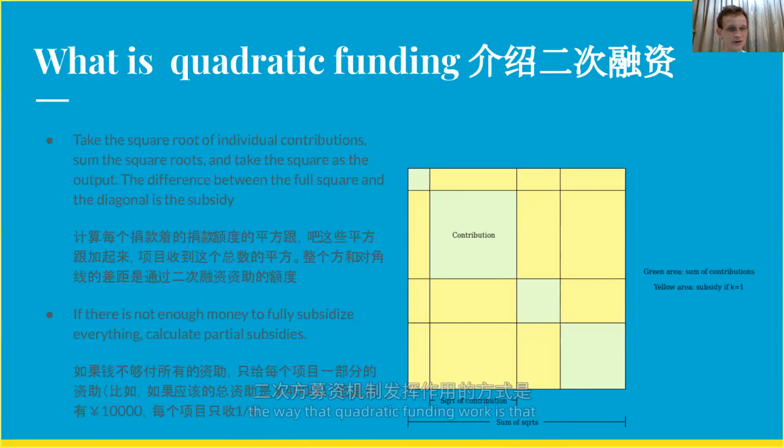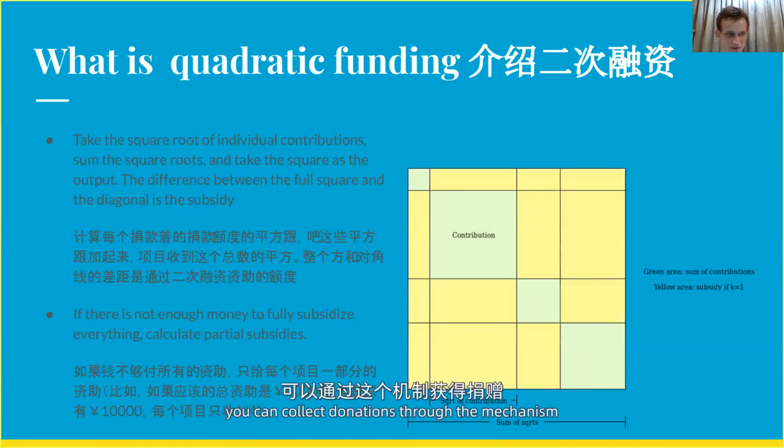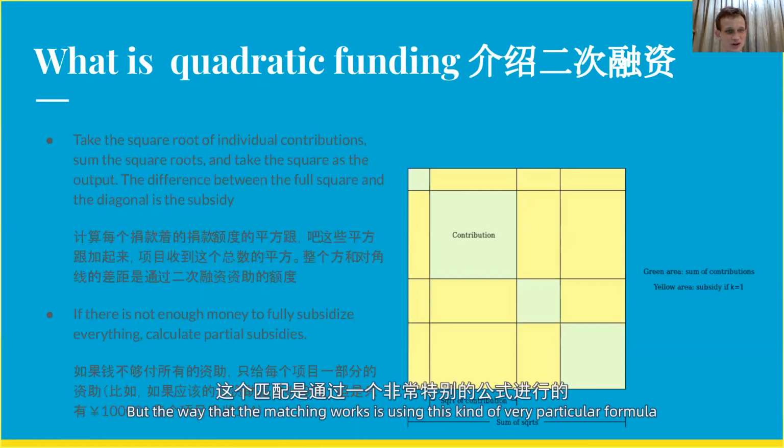The way that quadratic funding works is that anyone can set up a project, and when you set up a project, you can collect donations through the mechanism, and these donations get matched, or subsidized. But the way that the matching works is using a very particular formula.